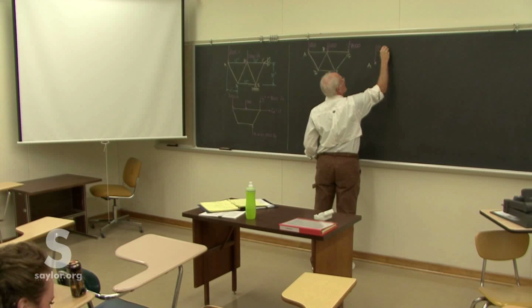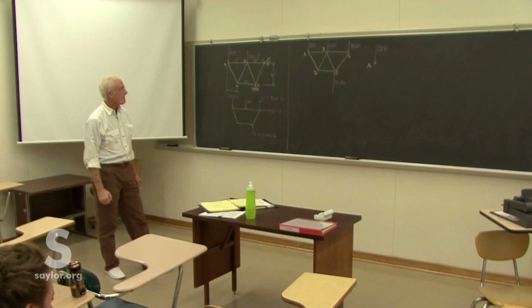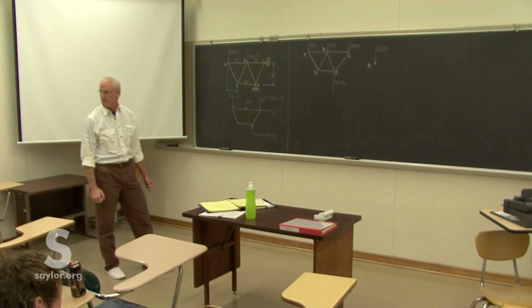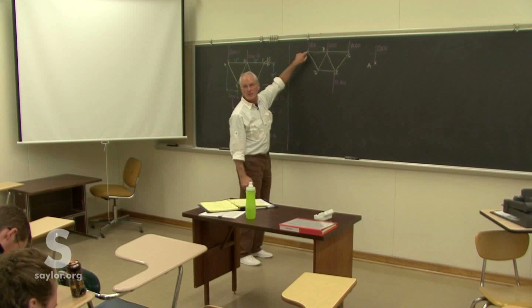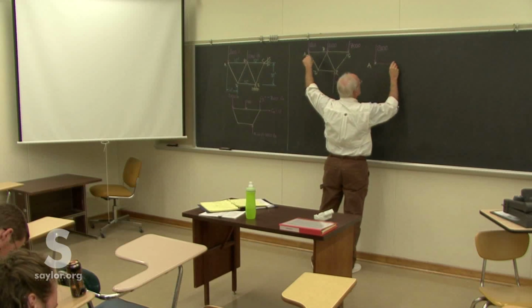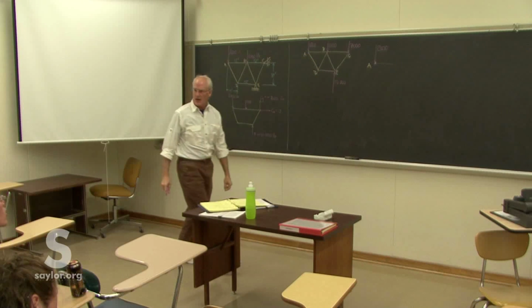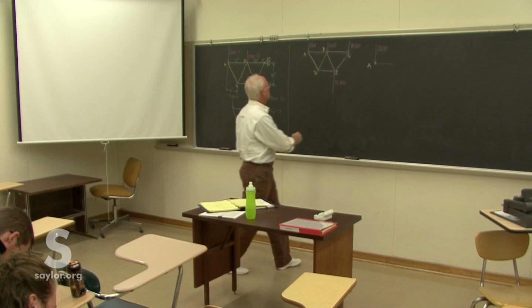I know it's got the 2,000-pound load. I know there must be a force coming from the member that connects it to B. So I'll just draw that line. I won't put the arrowhead on yet. Maybe I can get that before I go any farther.